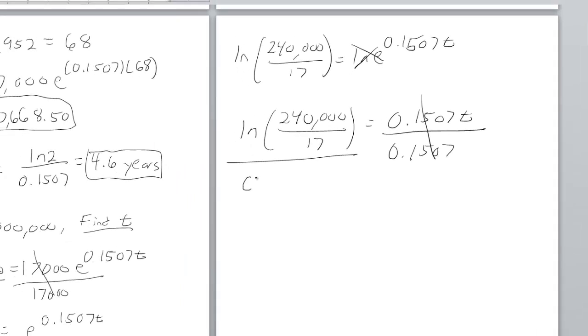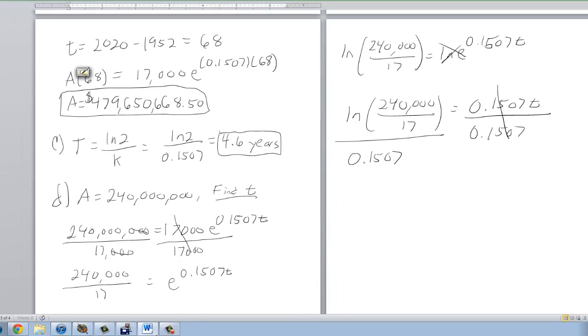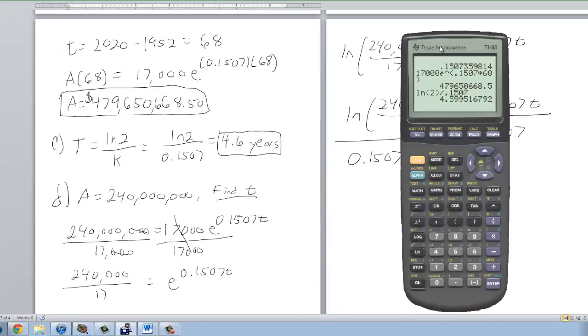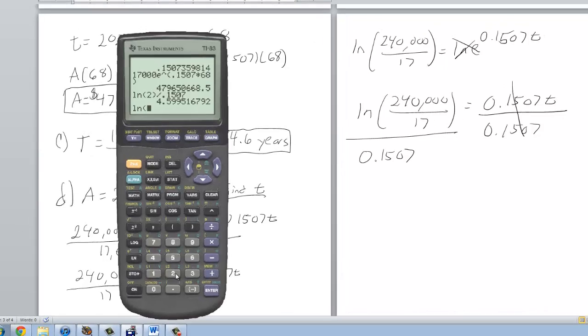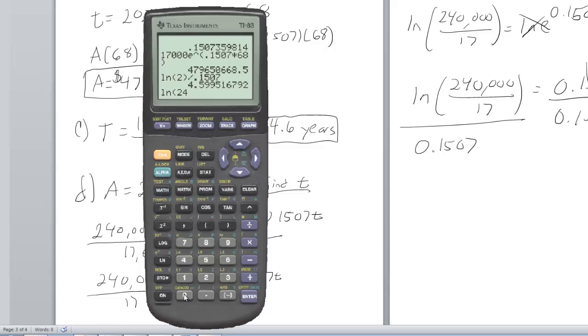Now we number crunch. So we're going to do the natural log of 240,000 divided by 17, close that off, and divide that answer by 0.1507. Enter. 63.4 years.